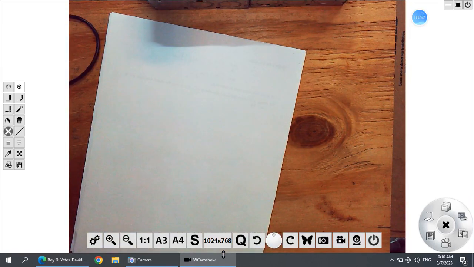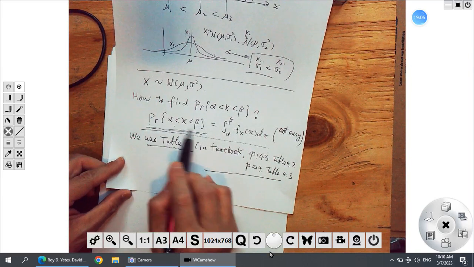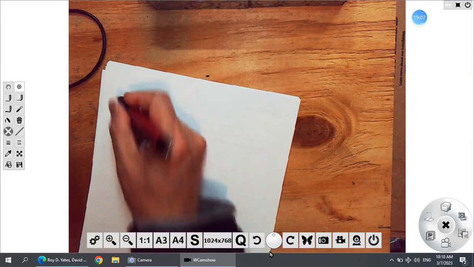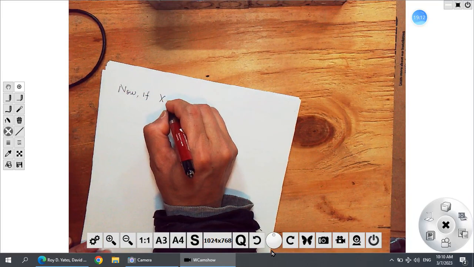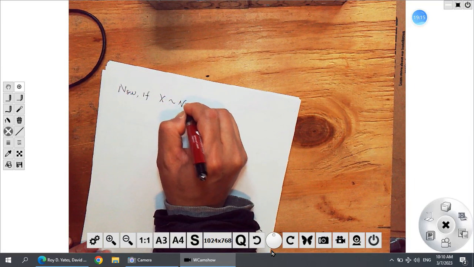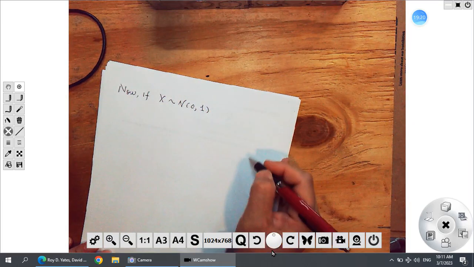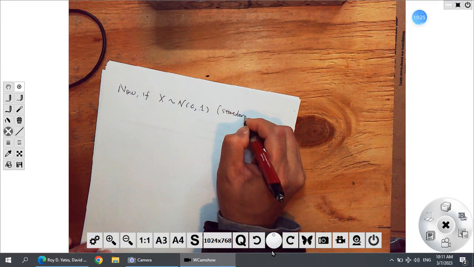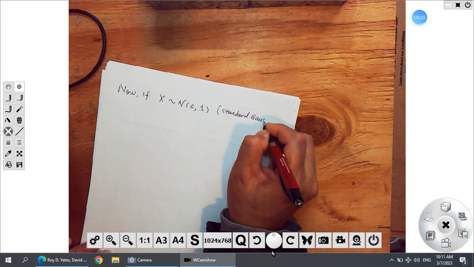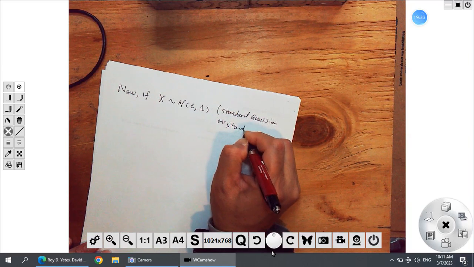We'll go back to our problem. We want to find the probability like this. If X is normal with mu equal to 0 and sigma equal to 1, we call this the standard Gaussian or standard normal.